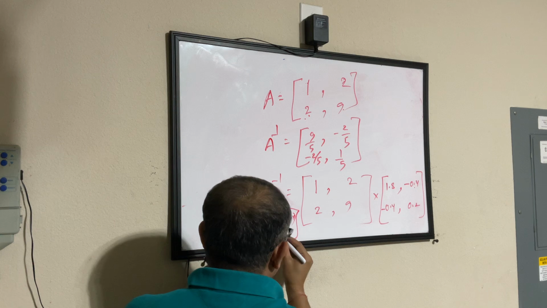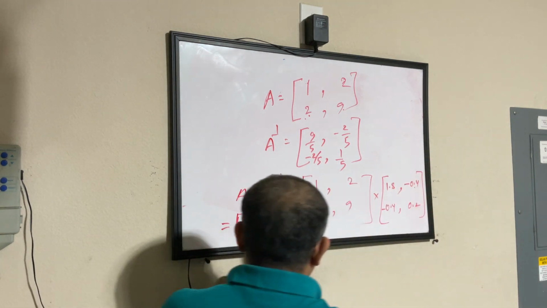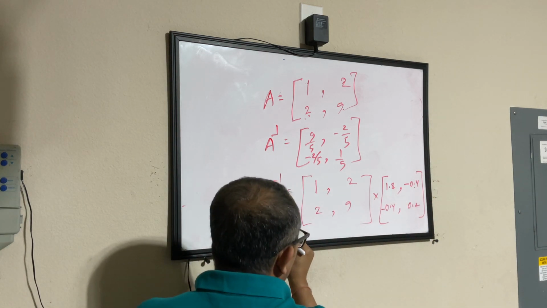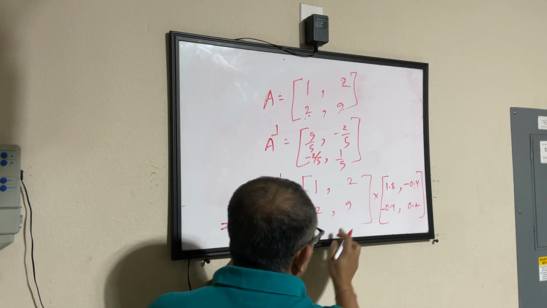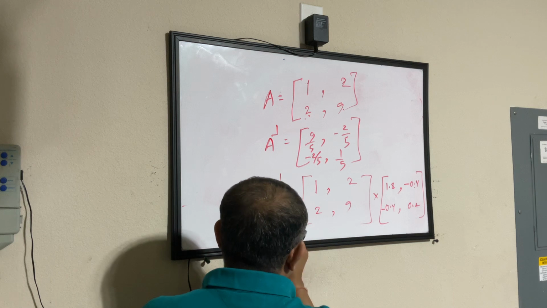There is something cooking up here if you are paying attention. This and this, second row, second column. 2 into minus 0.4 gives you minus 0.8, and 9 into 0.2 gives you plus 1.8.